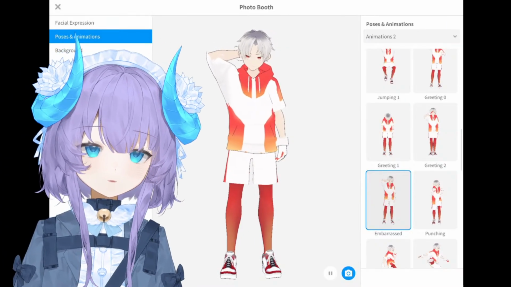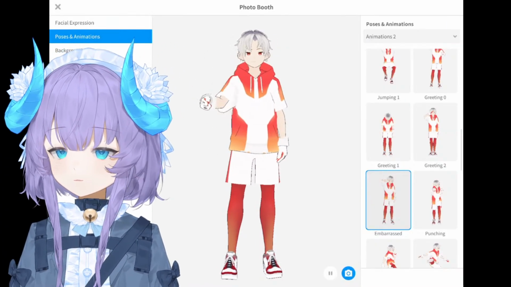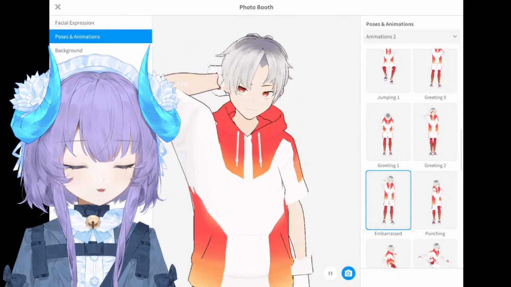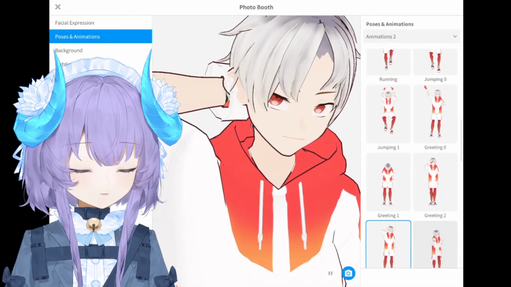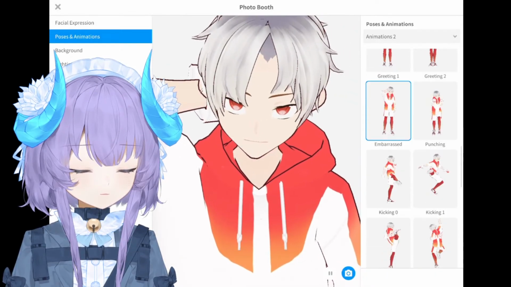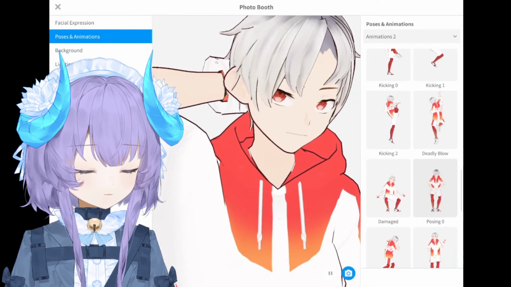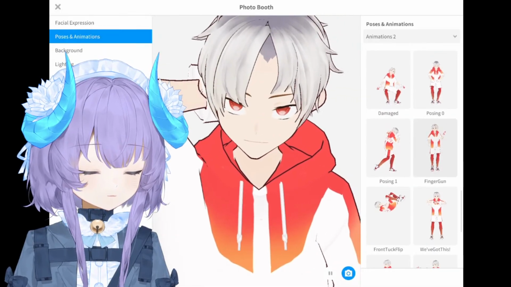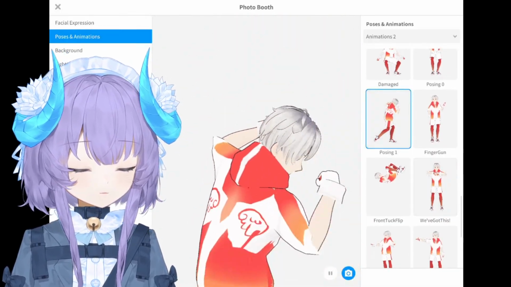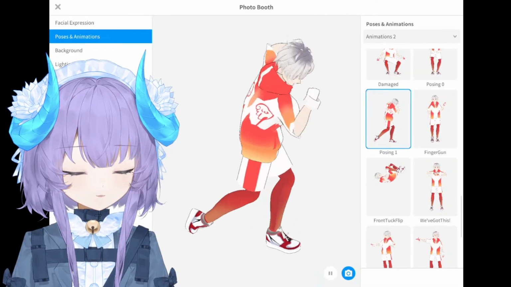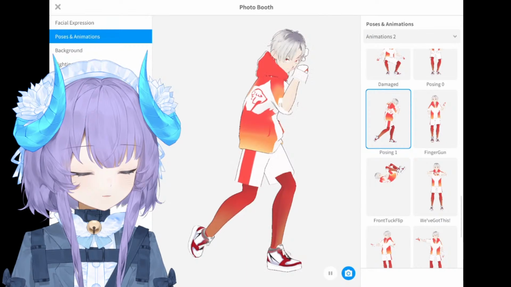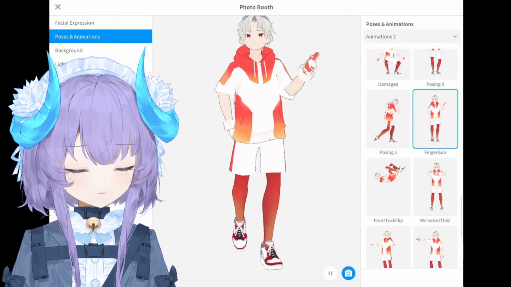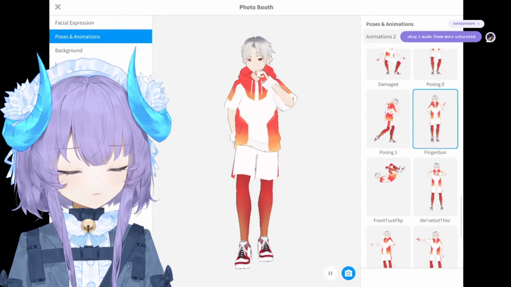Close enough. Close enough. His eyes are definitely more, like this. Posing. Let's go get him some of that. Almost kind of cucky. Yeah, that's him.